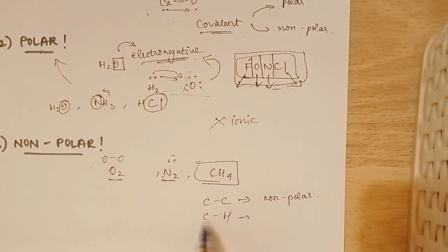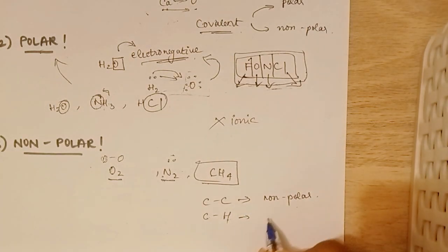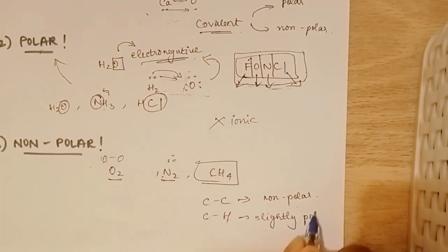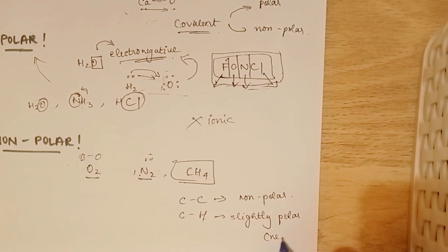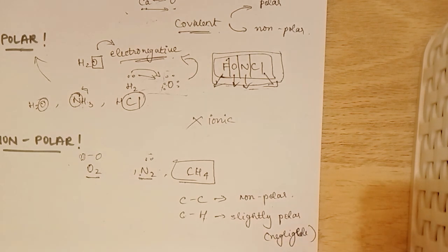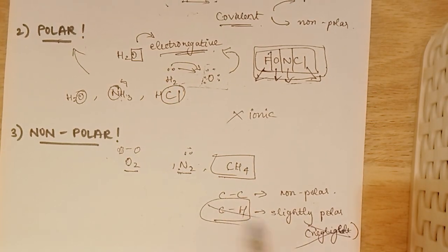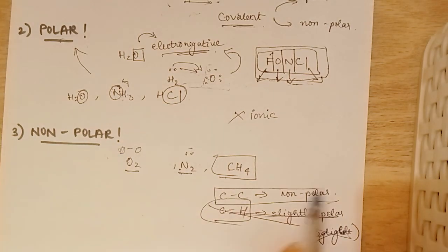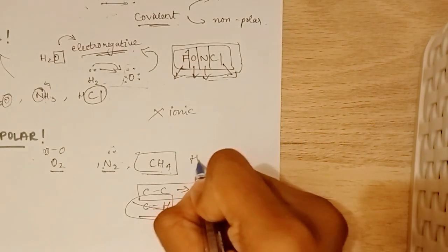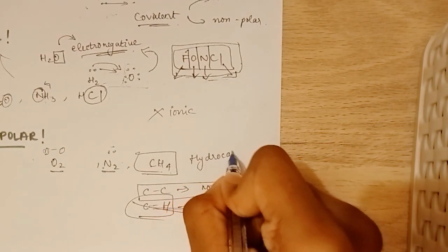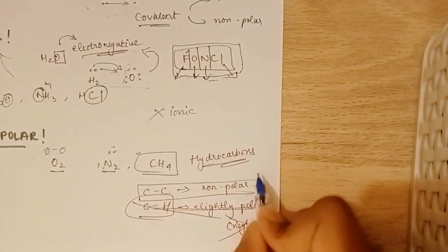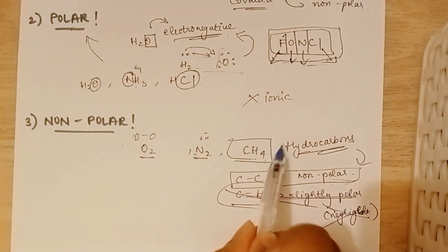Now coming to CH, it will be slightly polar, in the sense of extremely small polarity. That means we can take it as a negligible amount. So we take CH as negligible. So that's when we come to the conclusion where CH4 or any hydrocarbons are non-polar.